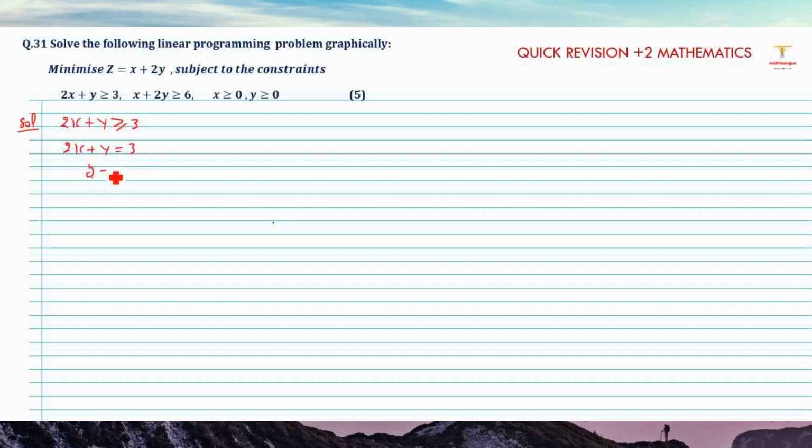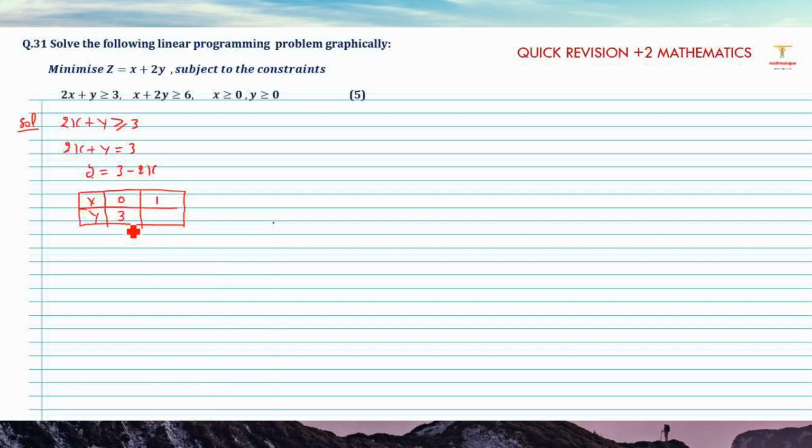So it means if you try to plot a graph, you can plot it like this. This is x, this is y. See, if you take the value of x as 0, you are getting 3 here. If you take the value of x as 1, you are getting 3 minus 2, that is, y comes out to be 1.